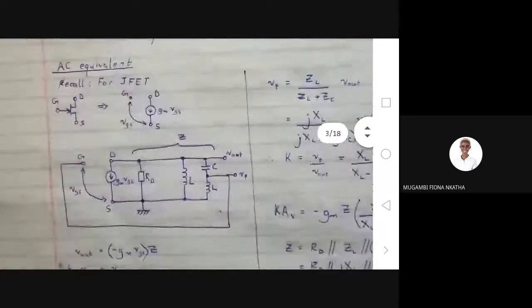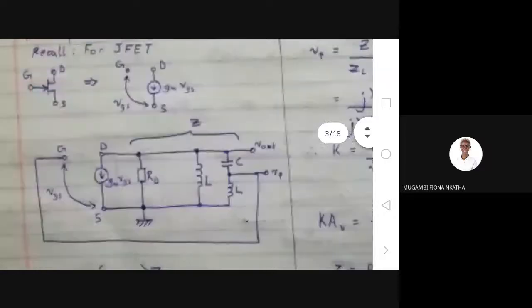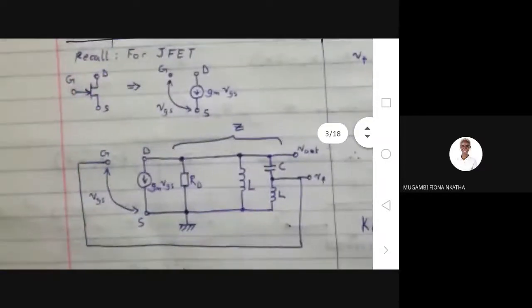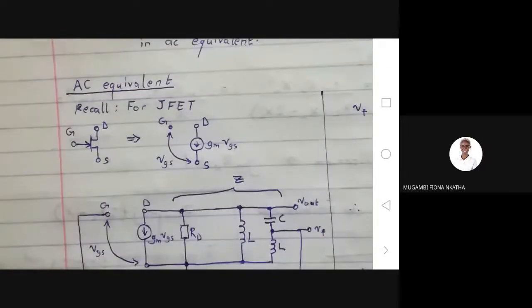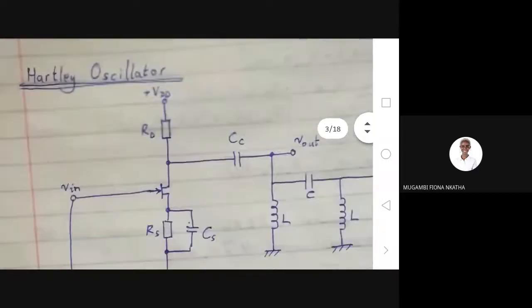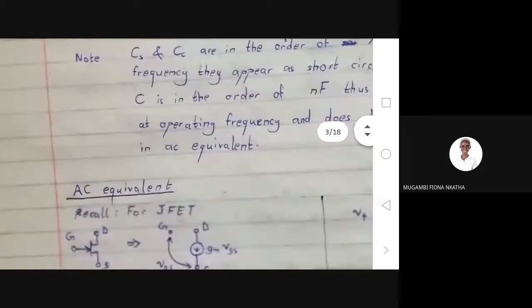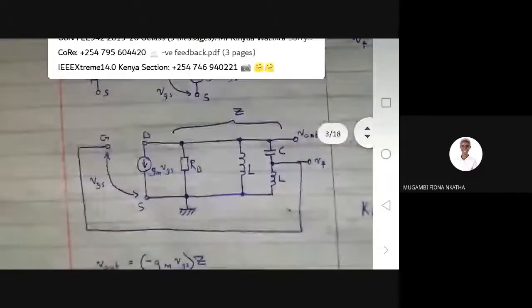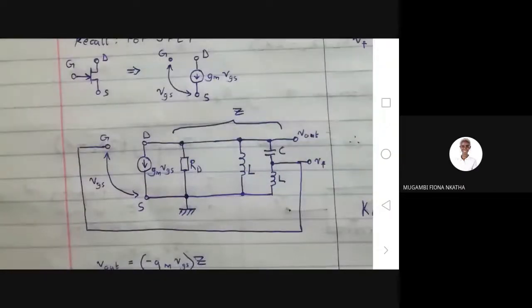Okay, so the equivalent circuit of the circuit drawn. I've drawn it there for the JFET, which is why it looks like this. This circuit is a JFET amplifier, and this is the AC equivalent.